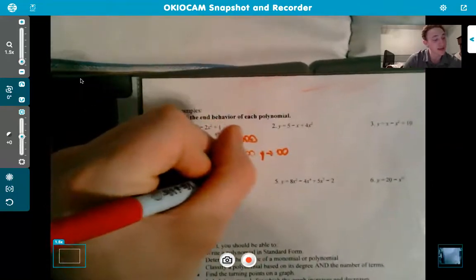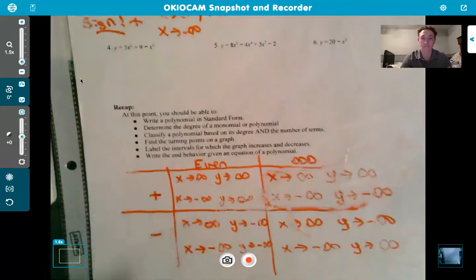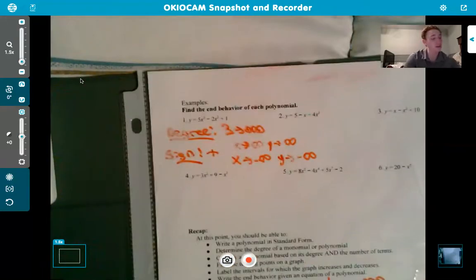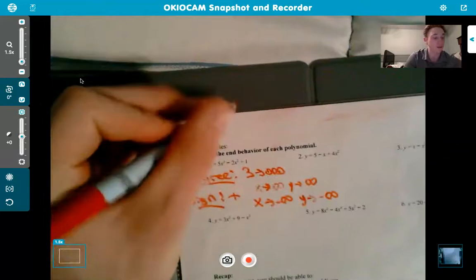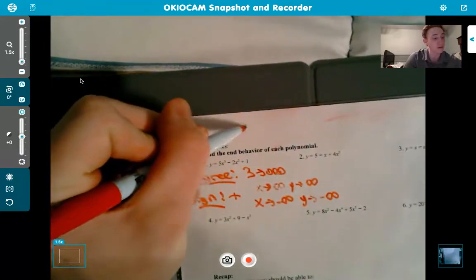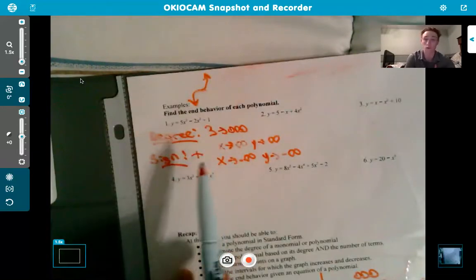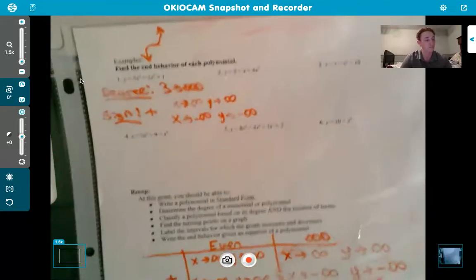As x approaches negative infinity, my y is also approaching negative infinity, okay? So essentially what this graph would look like here, for example 1, as x approaches infinity, I'm going up. As x is approaching negative infinity, my y is going down. So that's what the graph of this would look like, okay?